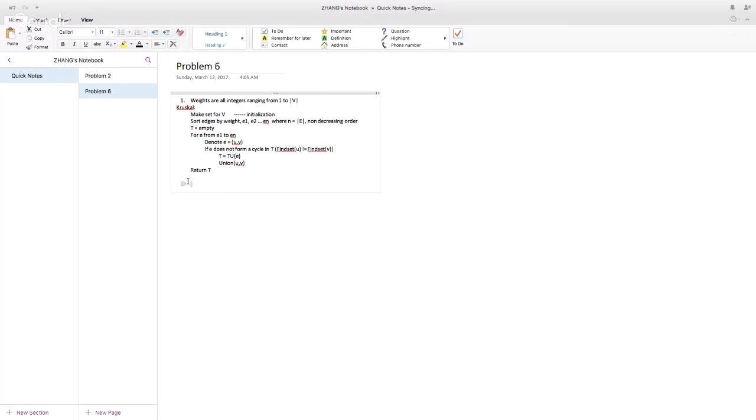So let's analyze the complexity. For sorting edges, usually we use merge sort or quick sort.